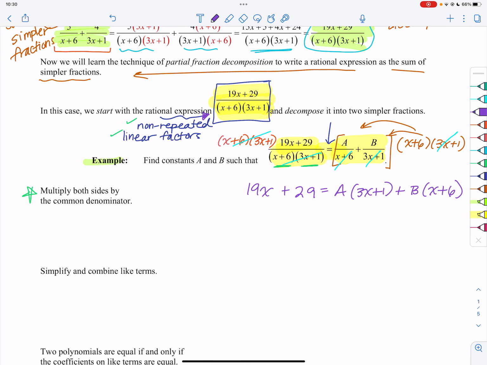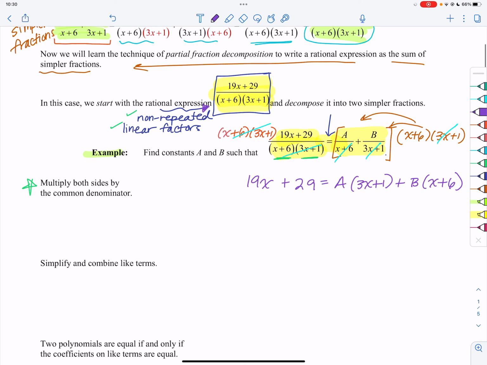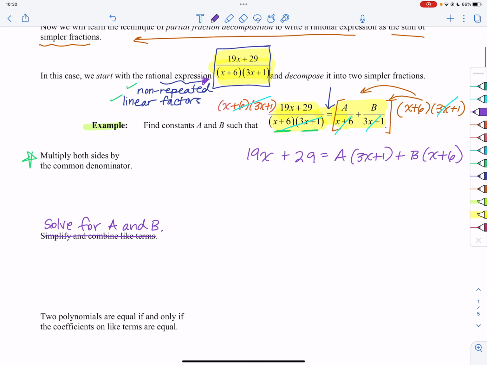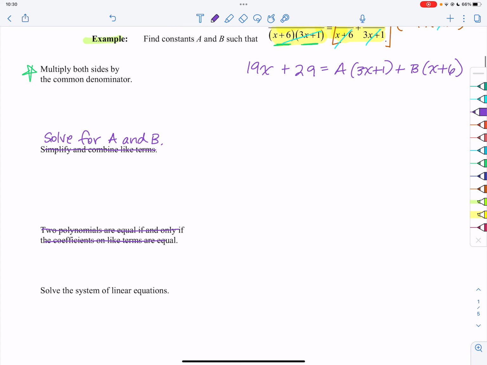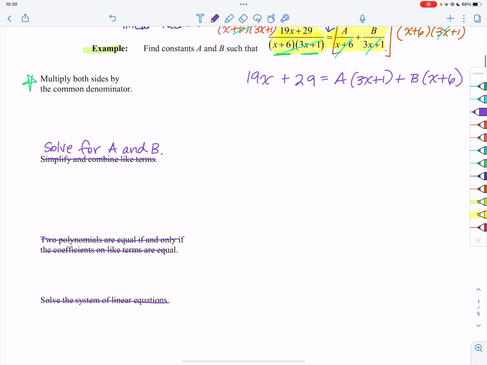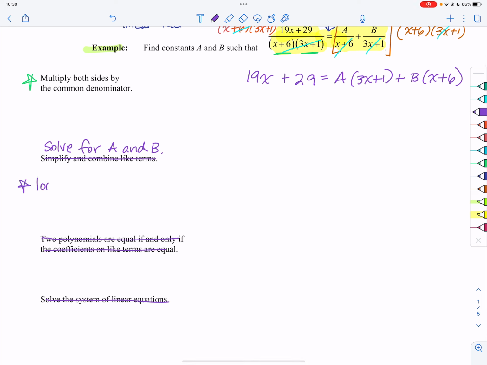Okay, so that's where we're at, and this is what we're going to do. We have to solve for A and B. Now, there are several methods. If you would look in the textbook, you would see a different method. So I like to teach this my way. But you could look in the textbook.